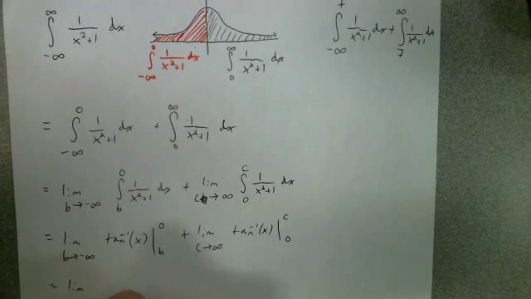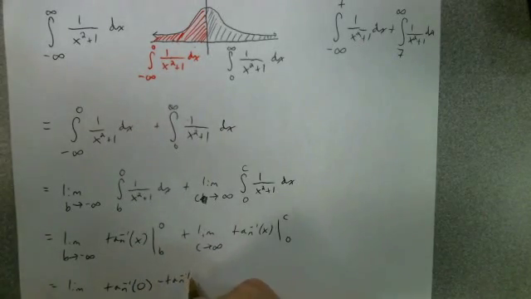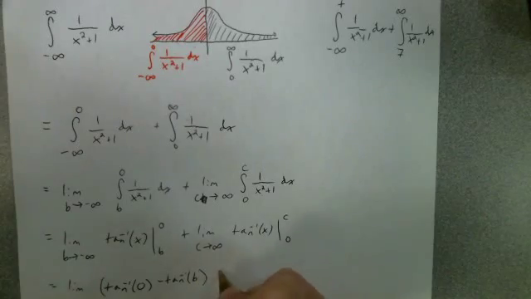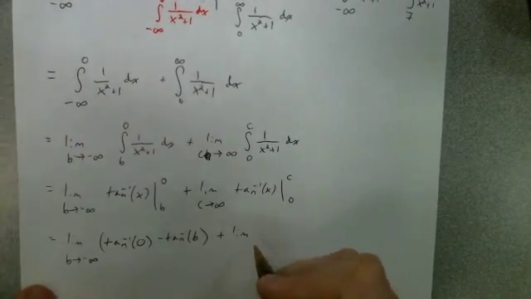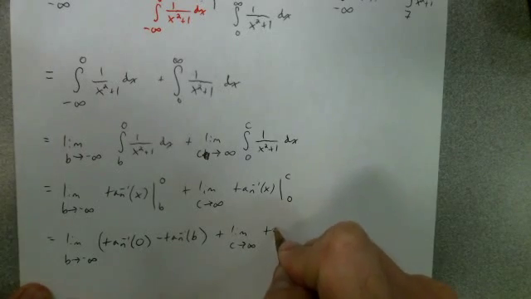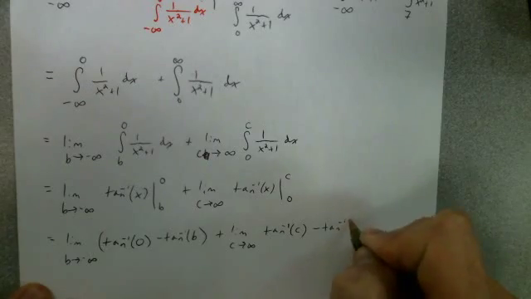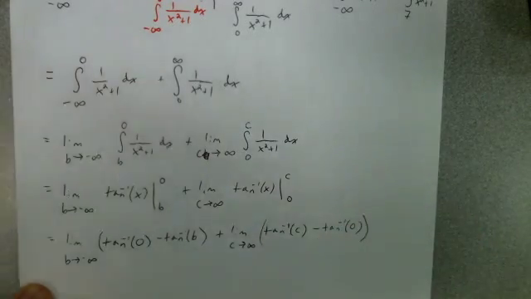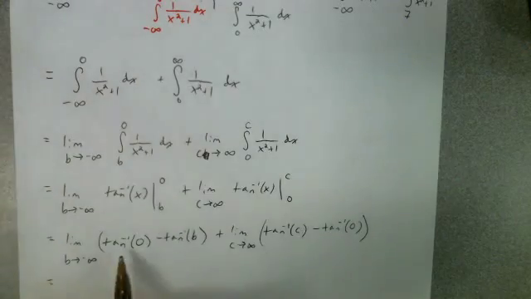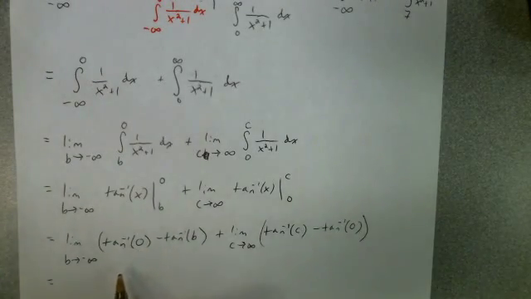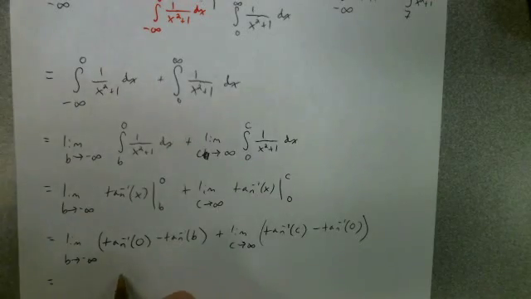So we're finding the limit as b goes to negative infinity of tan inverse of 0 minus tan inverse of b, plus the limit as c goes to infinity of tan inverse of c minus tan inverse of 0. Well, tan inverse of 0 is 0. You're looking for an angle with a tangent value of 0 between negative pi over 2 and pi over 2. That's going to be 0.